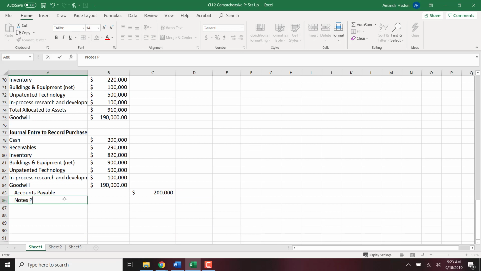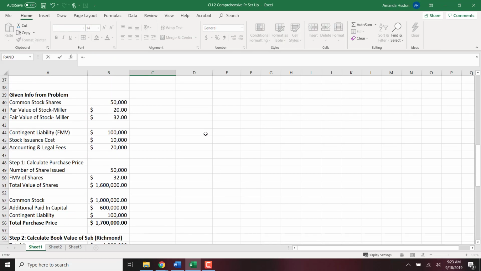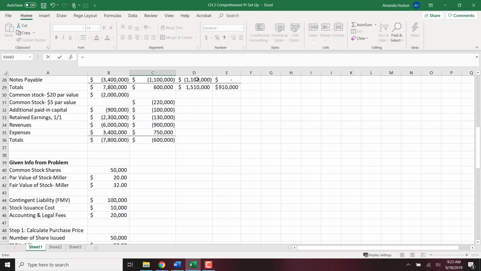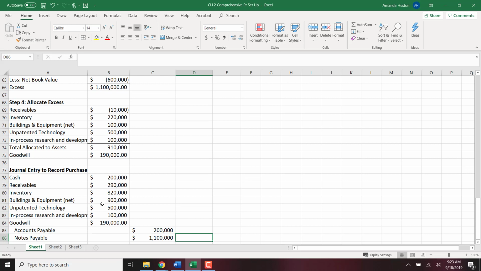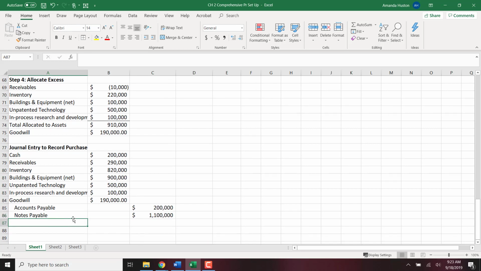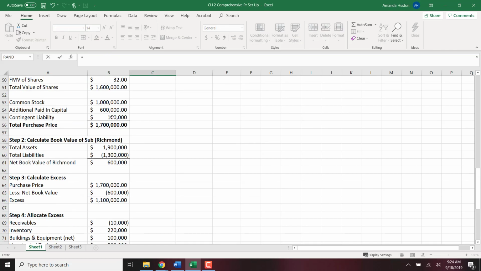We have notes payable. Right? Then we have the stock that we issued to buy the company in step 1.